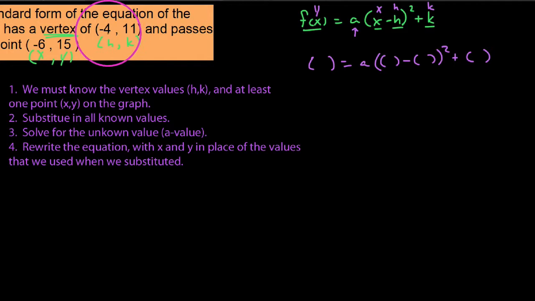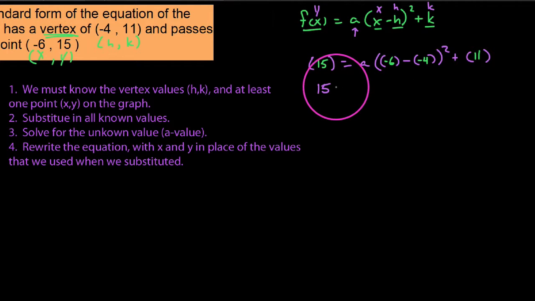In this instance, the vertex h, k, we already know that h has a value of -4, so I'm going to plug that in, and k has a value of 11, so we'll throw that in here. In terms of some x and y, they told us the point -6 comma 15 is on this graph. So our y value would be equal to 15 when x is equal to -6.